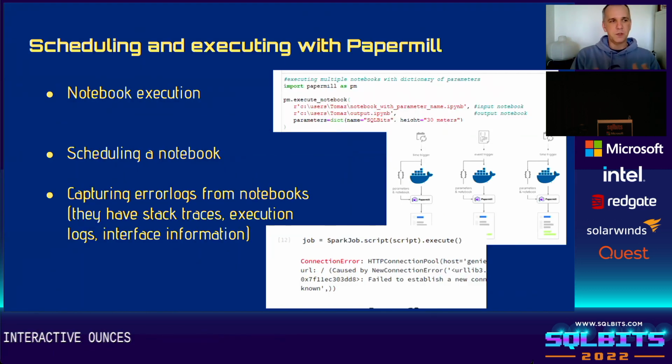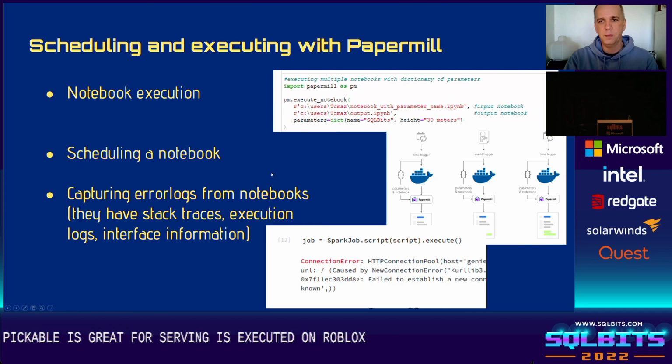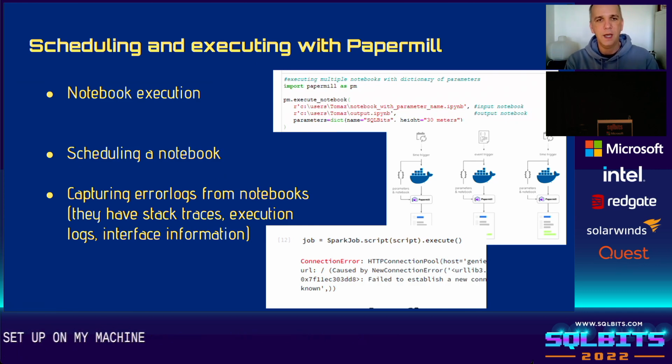I've mentioned Papermill. Papermill is great for scheduling and executing notebooks. Again, this can be run locally. So this was set up on my machine. Essentially, just import a couple of packages and you're ready to go. You can then execute notebooks through a, quote unquote, cron job.